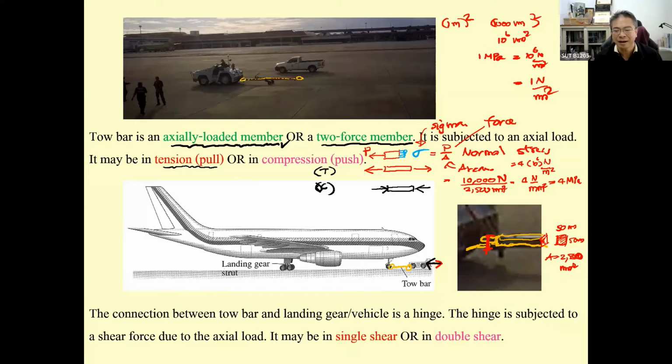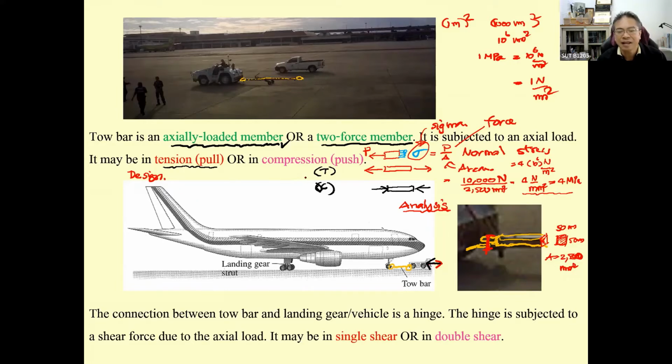Then there are 2 things. In this problem, you determine the stress. We call this problem the analysis. This is the first type of problem, to determine the stress. The other method we also call the design.